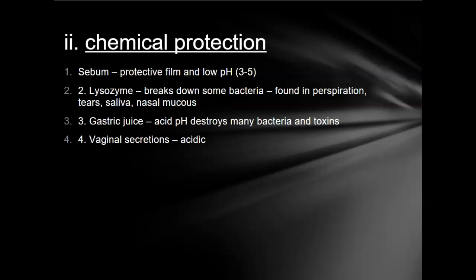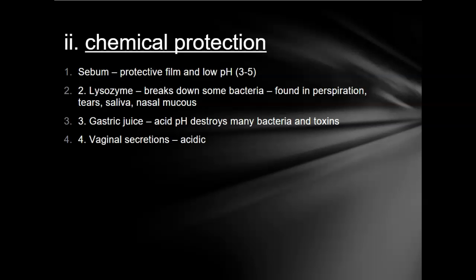There are chemicals produced by your body which aid in this. The sebum, which is this oil-like material produced from your sebaceous glands, helps to keep the pH of your skin kind of low, 3 to 5. The lysozymes, these are little vacuoles or vesicles that contain very powerful digestive enzymes, and they're found in your sweat, your tears, your saliva.